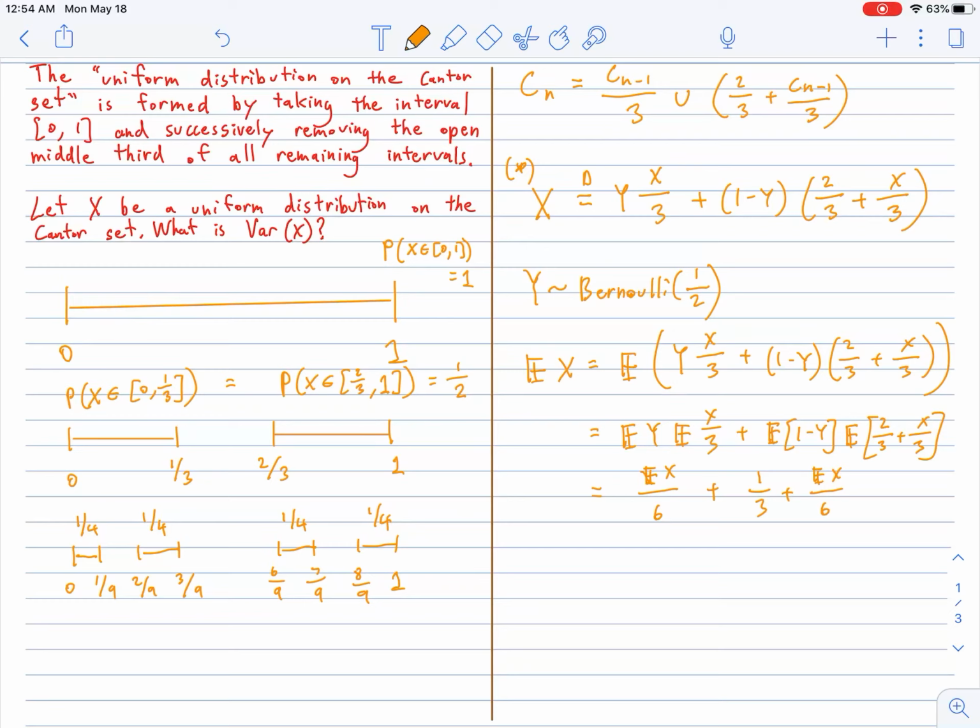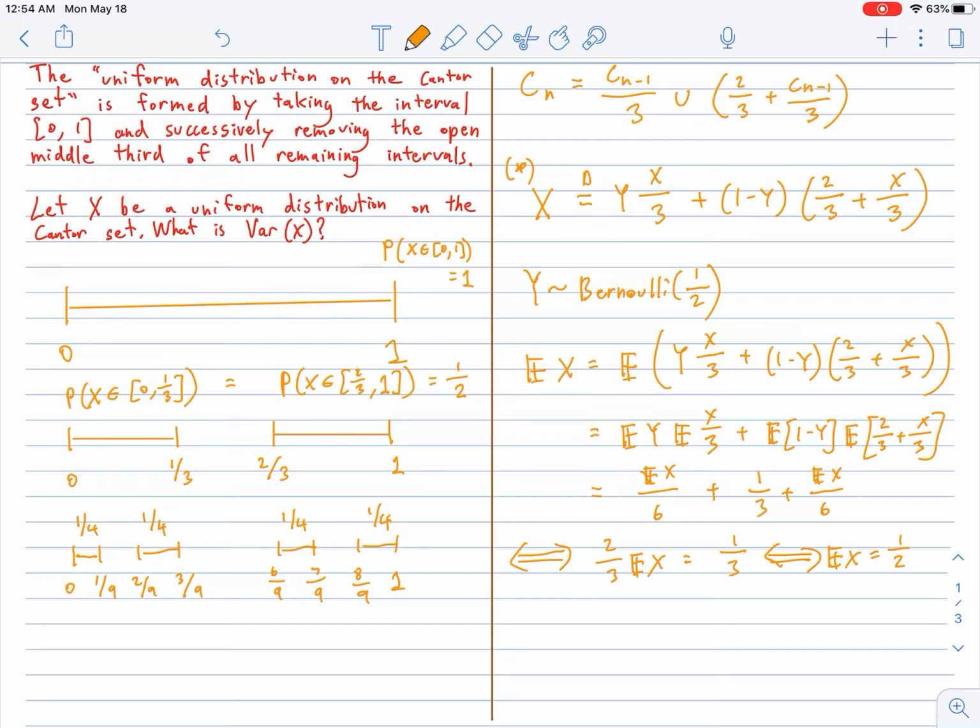We get that 5/6, or rather 2/3, times the expected value of X then equals 1/3, which gives us that the expected value of X equals 1/2.